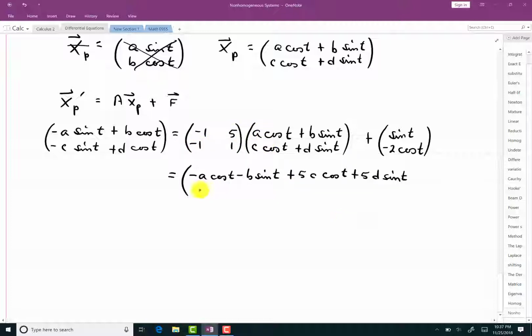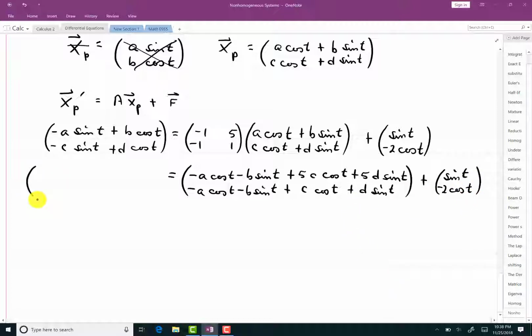I'll get negative a cosine of t minus b sine of t. And then I'll get plus c cosine of t plus d sine of t plus sine of t, negative 2 cosine of t. Let me rewrite this.